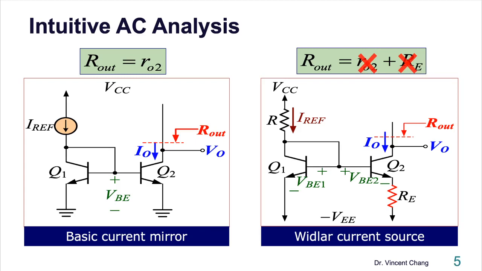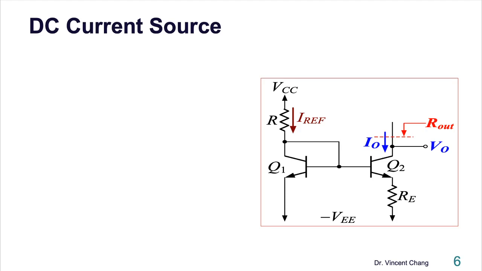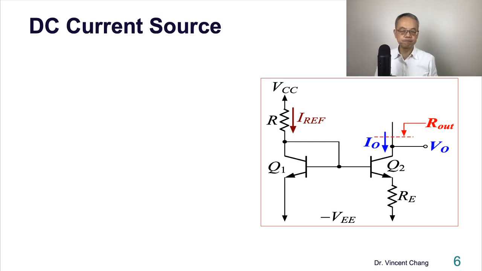Before I explain why this is wrong and what's the right answer for the output resistance of the Widlar current mirror, let's talk about this first. Let me ask you another question. Is this circuit, this mirror, a DC source or AC source? Of course, what kind of question is that? It's a DC current source, right?